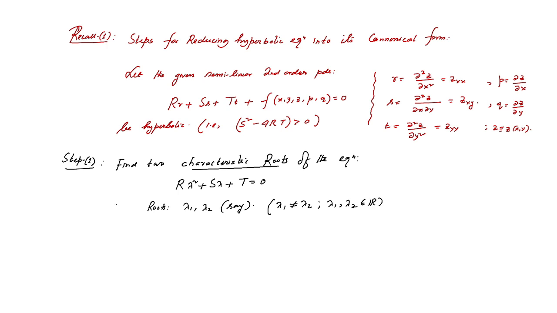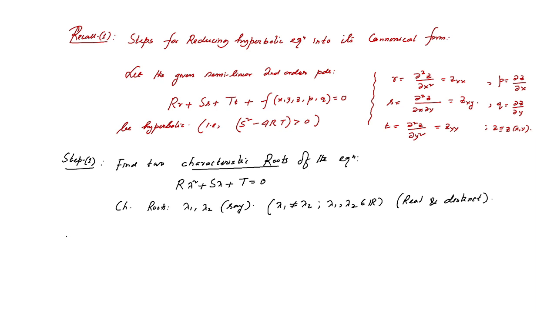So that means here the characteristic roots are basically real and distinct. This is a simple observation that we have done in previous class. যদি এটা হাইপারবোলিক হয় তাহলে দেখা যাবে যে দুটো রুটই, ক্যারেক্টারিস্টিক রুট, এটা রিয়েল হচ্ছে এবং ডিস্টিংক্ট হচ্ছে.